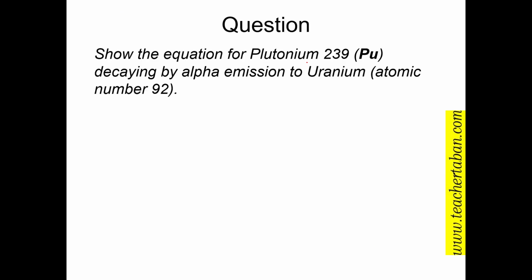The question says: show the equation for plutonium 239, Pu, decaying by an alpha emission to uranium, atomic number 92. So try to write a nuclear equation. What do we do here? Of course, you begin by saying that we have Pu 239. This one is decaying to give off another daughter nuclide, which is uranium, U, with atomic number 92, and they're saying that it decays by giving off one alpha particle.